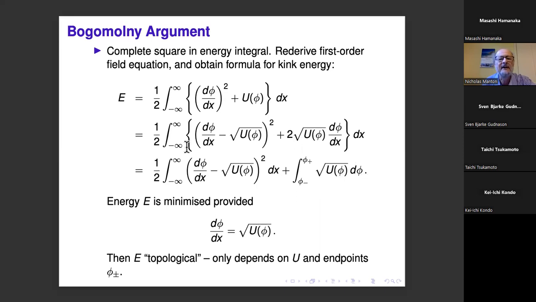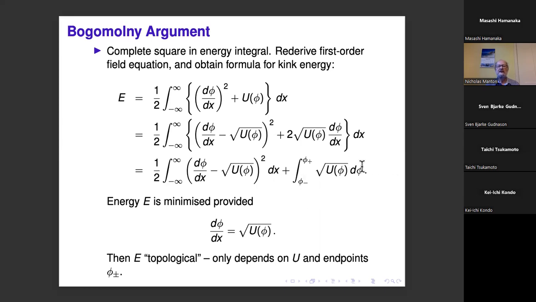This factor of 2 cancels against this half, so there's a 1 here. So you see from this combination that the energy will be minimized provided this is 0. In other words, provided d phi by dx is the square root of U. Then the energy will just be this term.